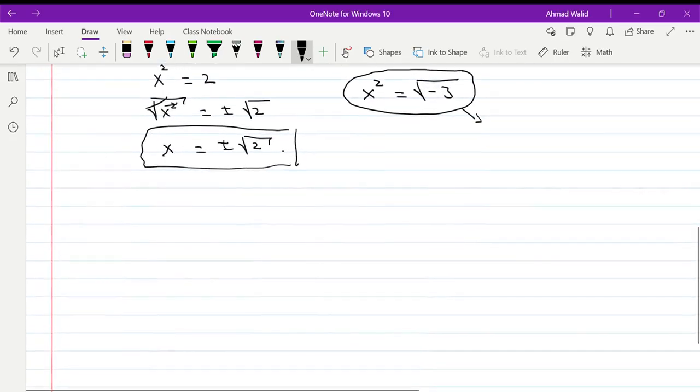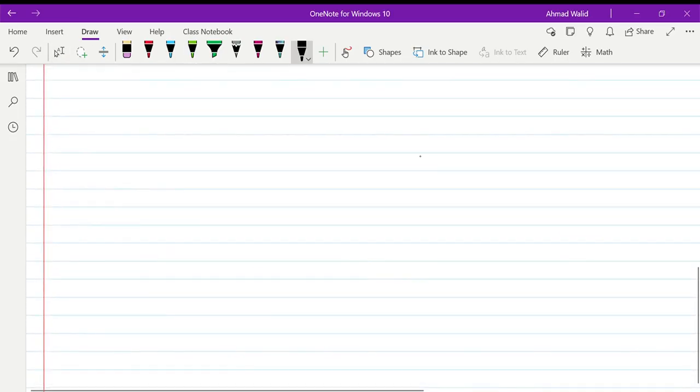Let me do another example of quadratic in form for you. 6x to the power of negative 2 minus x to the power of negative 1 minus 2 equals 0. You cannot call this quadratic because it's x to the power of negative 2, right? Not positive 2.